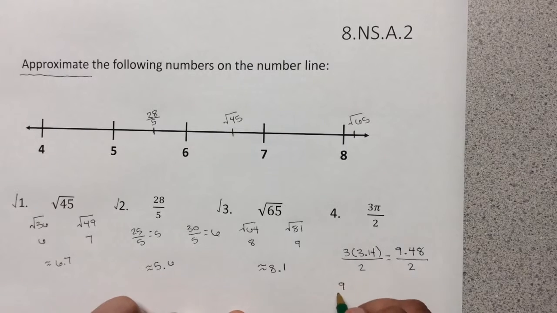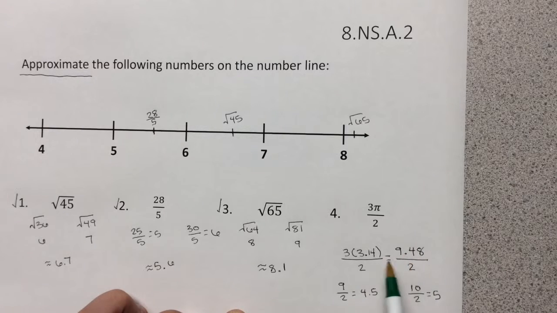I know that 9 divided by 2 is 4.5, and I know that 10 divided by 2 is exactly 5. So since we're doing 9.5 basically divided by 2, it's going to be about halfway in between 4.5 and 5. So we can say that 3 pi over 2 is about 4.7.